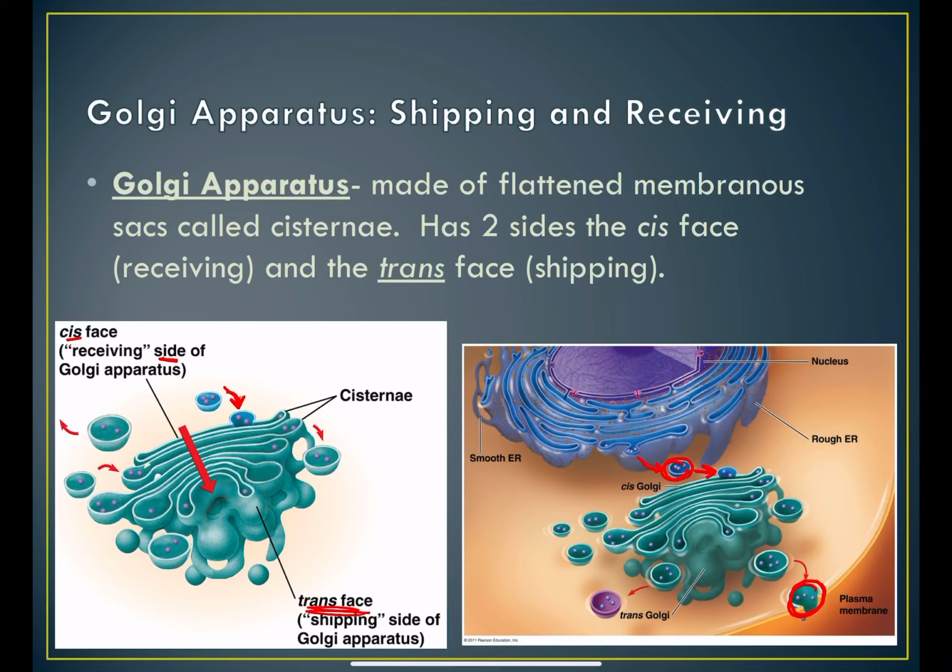Now, one other thing is important about proteins and where they're made. Remember, we said ribosomes can be free-floating or bound. Ribosomes that are free-floating in the cytoplasm make simple proteins that typically stay inside the cell. If it's a simple protein that doesn't need a lot of modification and it's going to stay within the cell, it would probably be made on a free-floating ribosome.